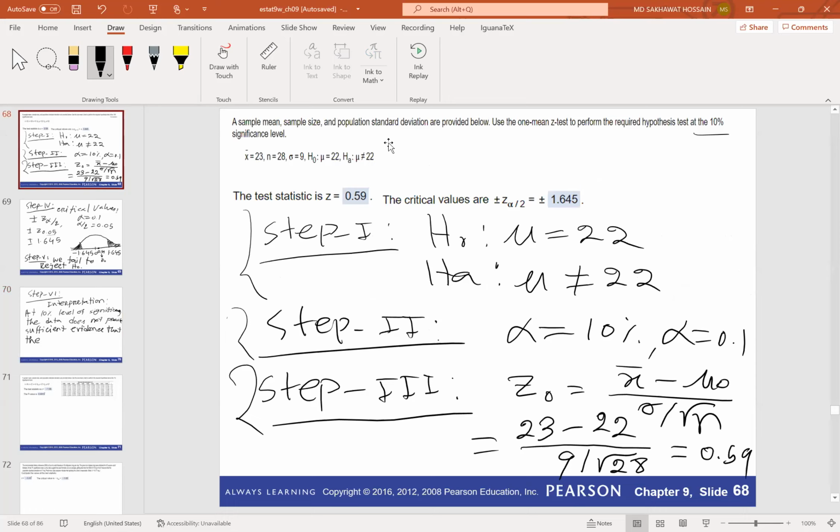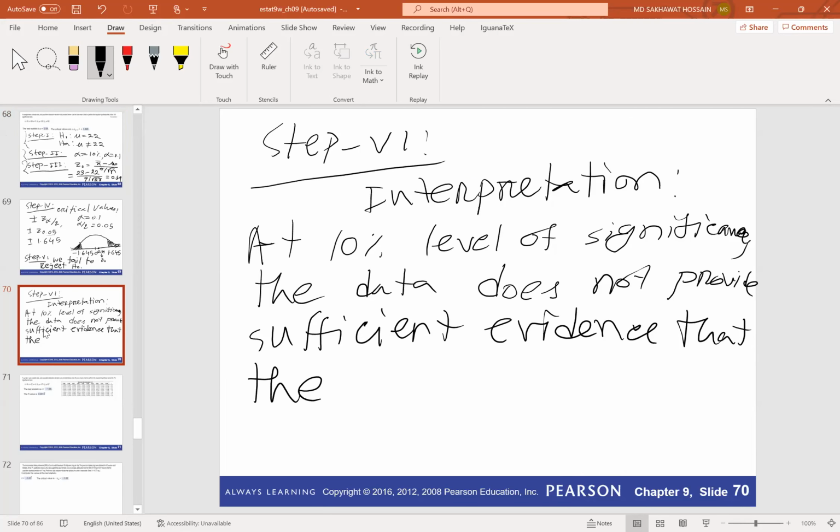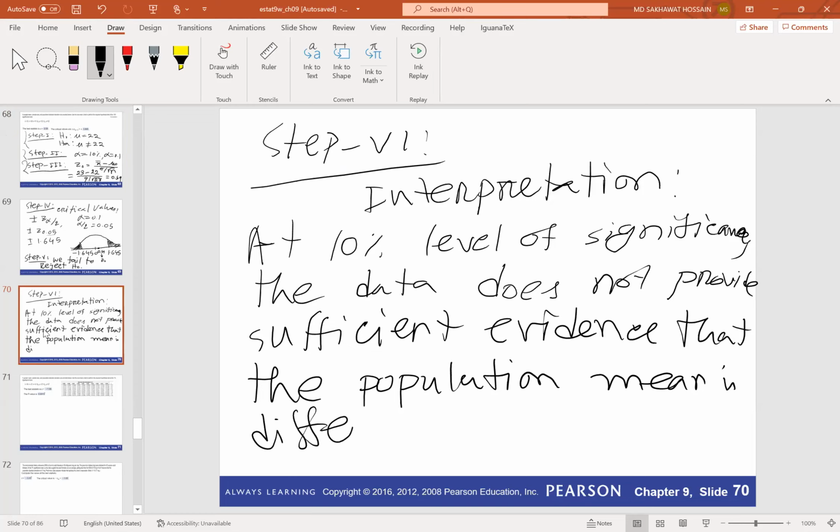So the alternative is mu not equal to 22. So the data doesn't provide sufficient evidence to conclude that the population mean is different from 22. Do you have any question?